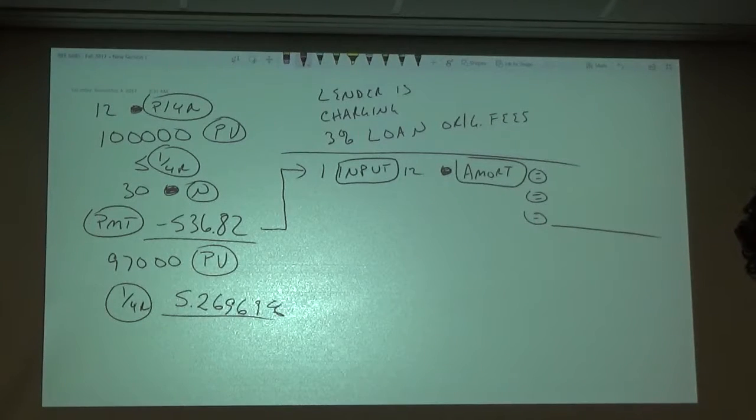Okay, and we could have gotten it using future value as well. All we're doing is re-putting in the original loan information of the 100,000, 5%, 30 years, solve for payment. Okay, now 1, input, 12, shift, amortize.